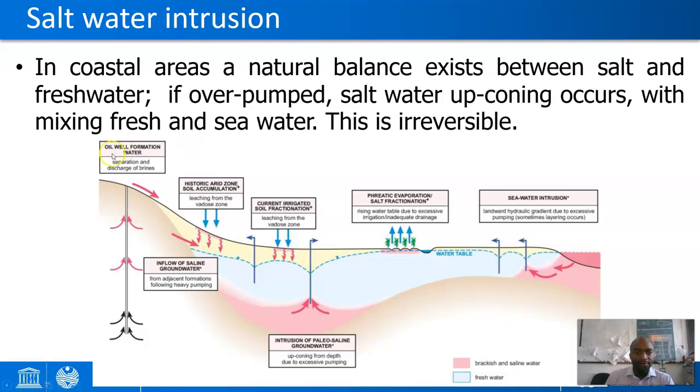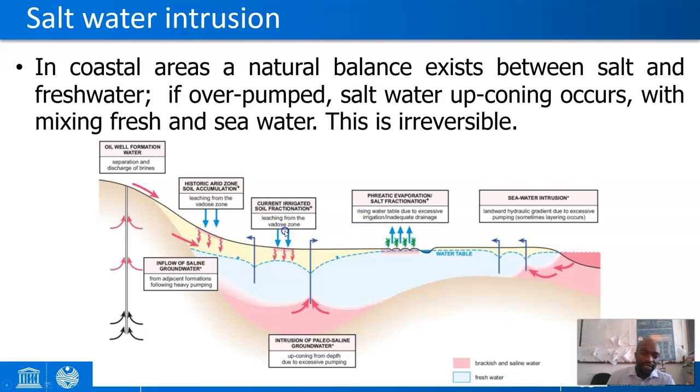Okay, obviously there are different sources of salinity, as this figure illustrates. You can also have salinity in a situation where you've got some phreatic evaporation, so evaporation that is coming out from the water table, and this is a case that we see in places like the Okavango, where you've got all this vegetation which is abstracting huge amounts of water from the water table, and because the area is endorheic or closed, therefore it means that you've got an increase in terms of salinity.